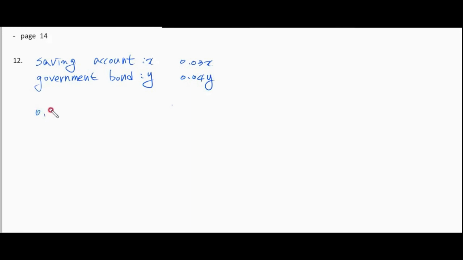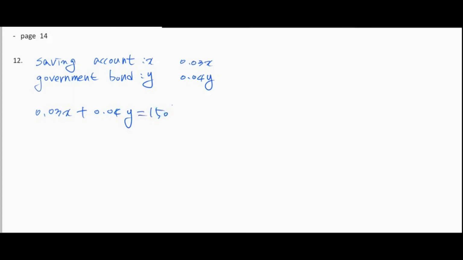First, we will put savings account as an x, and then we'll put the government bond as a y. But because we should write the cost, it will be 0.03x, and it will be 0.04y. And then it will be 0.03x plus 0.04y equals 150.